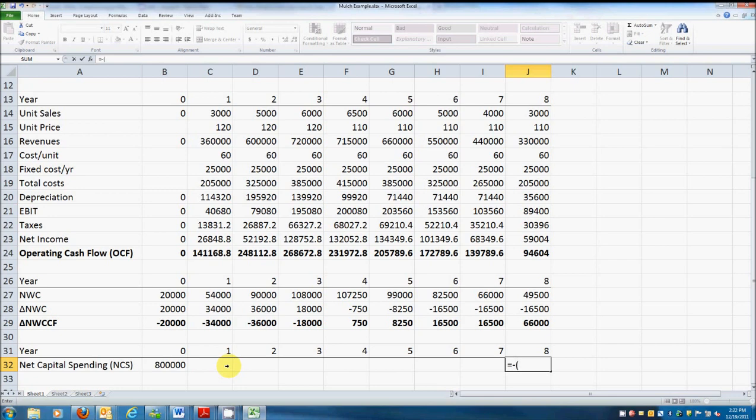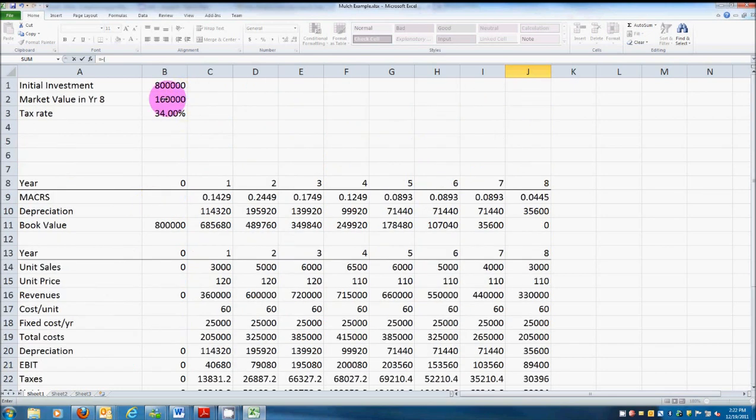I'm going to open the parentheses, and we said the first thing here was the market value. And then I'm going to subtract, open parentheses, the market value minus the book value at the end, year 8, close parentheses, multiplied by the tax rate, and I'm going to close the parentheses.